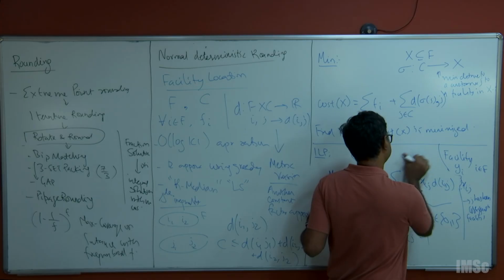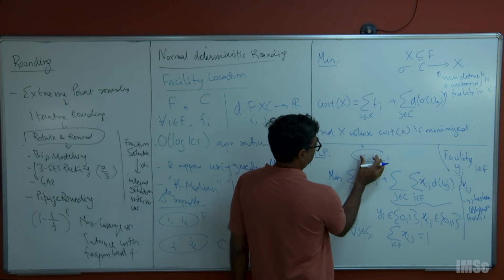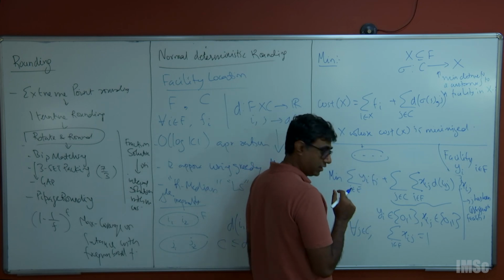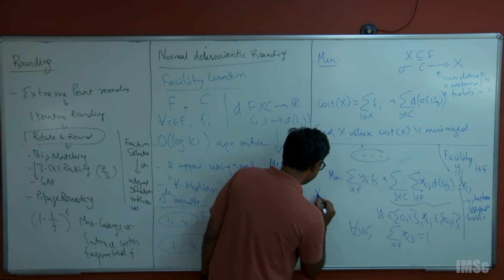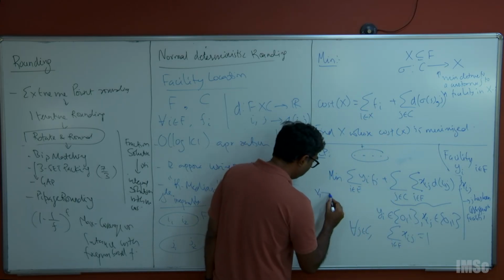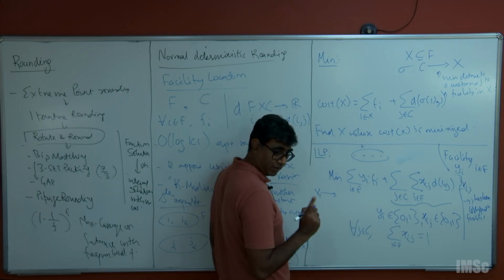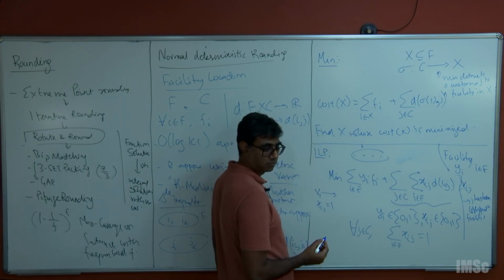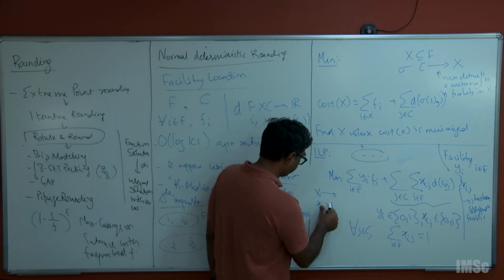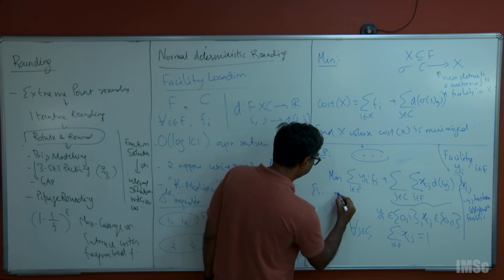So what I'm saying to you is that there could be a possibility that, for each client, let's do one thing. For each client, I look at the facility which is closest to it, and let's assign xij equal to 1 for that closest facility. Imagine that I have clients 1 to m.